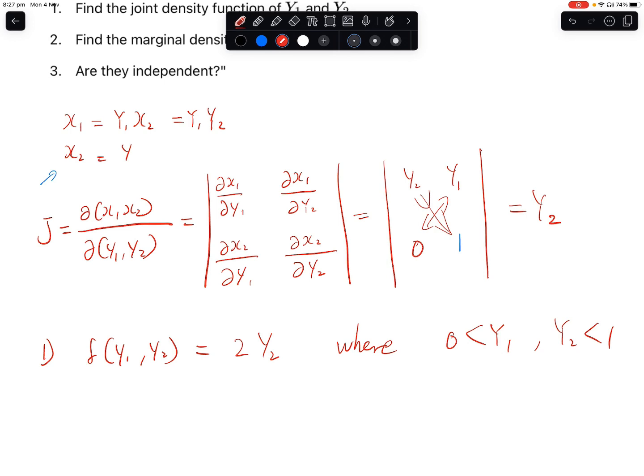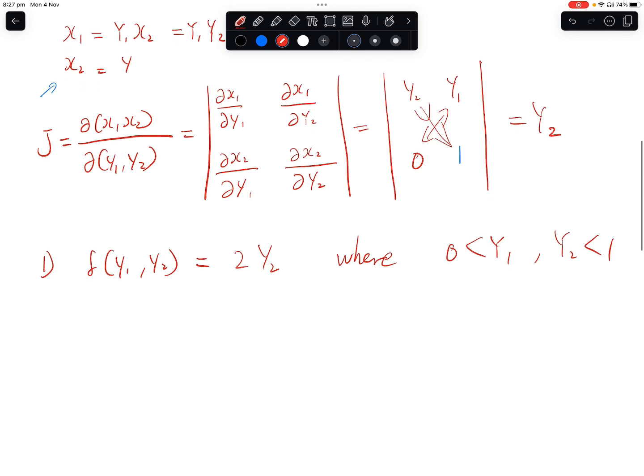Now let's solve question 2. We need to find the marginal density functions of Y1 and Y2.